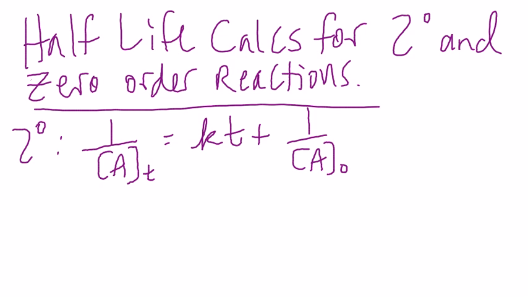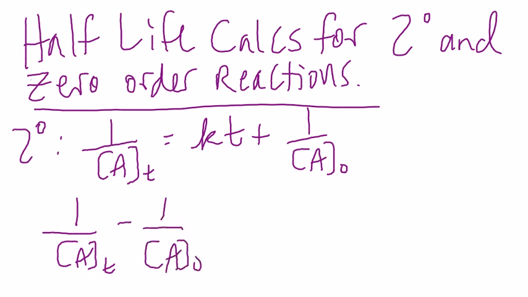And if we manipulate this, we could do kind of what we did before in the other one. We want to get A naught over AT. So let's bring these over to the same side of the equation: 1 over A sub T minus 1 over A naught is equal to KT.